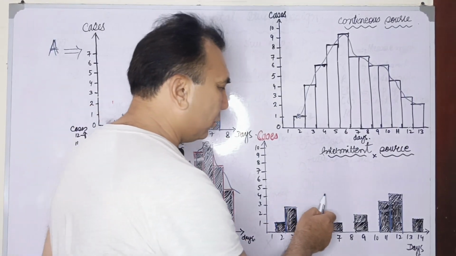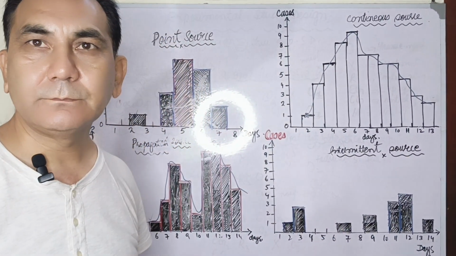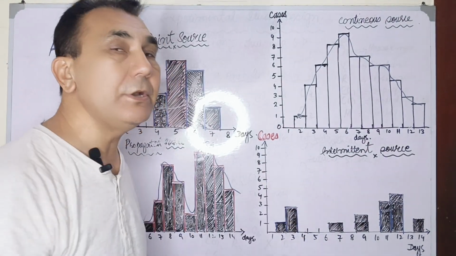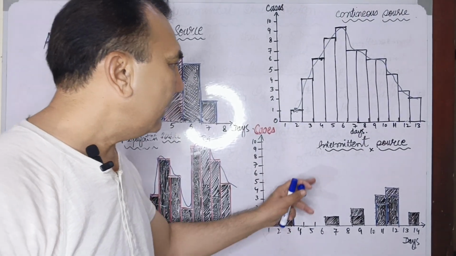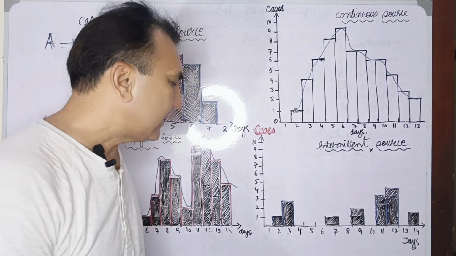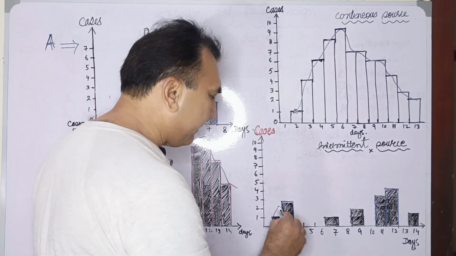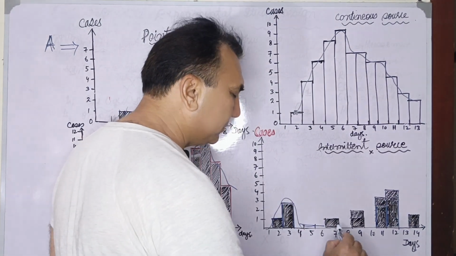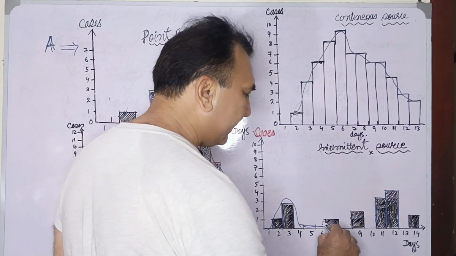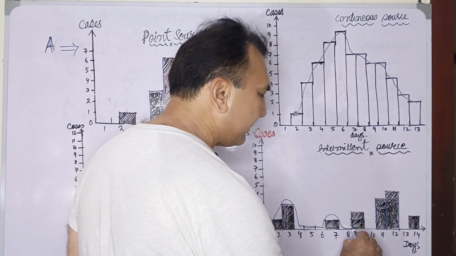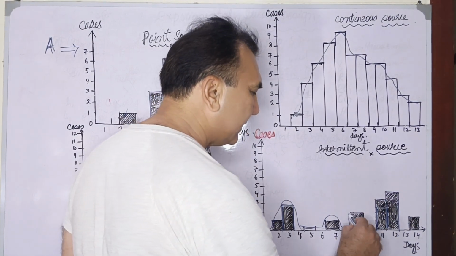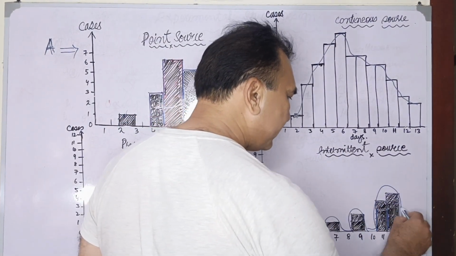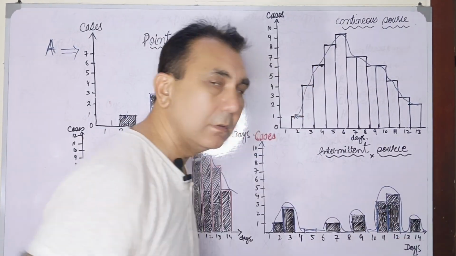Now the fourth type of epidemic curve is called the intermittent source. In the intermittent source, sometimes the cases increase and then go down, less than baseline. Then again a case is identified, one or two cases, then another three to four cases, then again it increases and goes down.